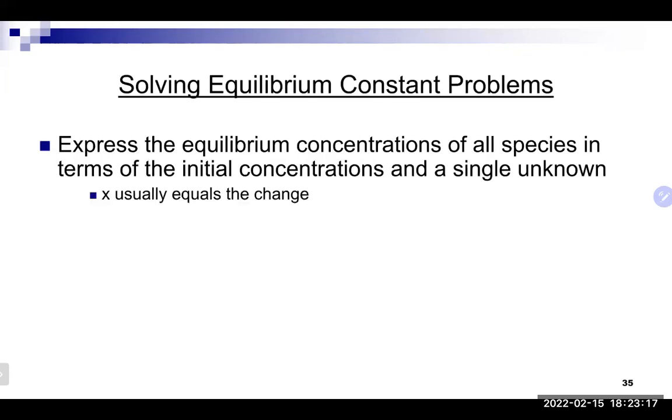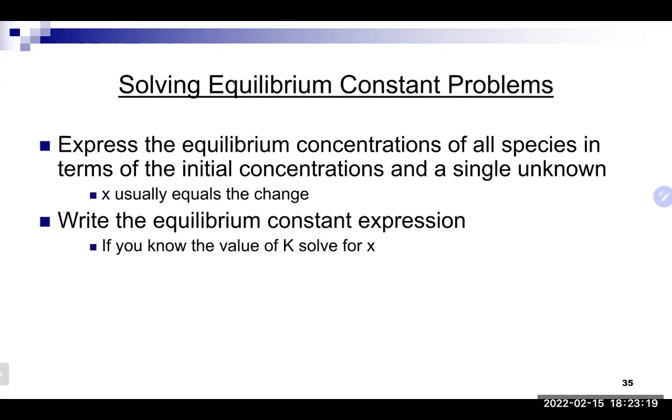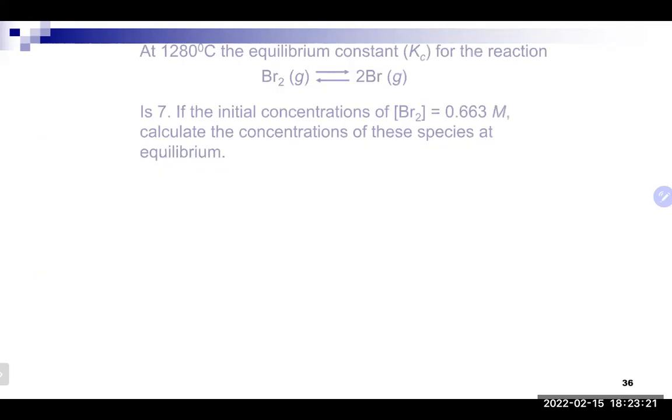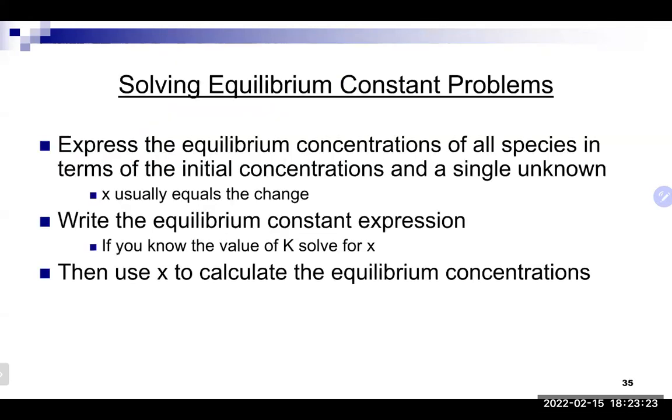All right. So let's talk about actually solving equilibrium problems. Not in all cases will we be given equilibrium concentrations. Sometimes we may be asked to actually calculate the equilibrium concentrations, and we're starting with initial concentrations to do that in most cases. So this is really the calculation of the class here.